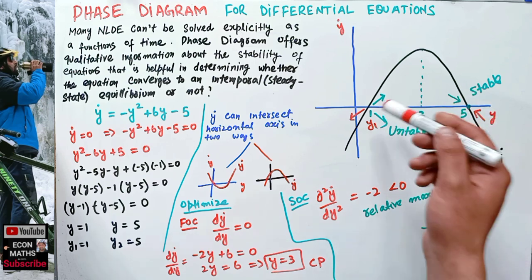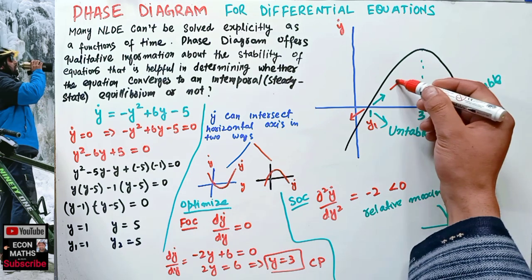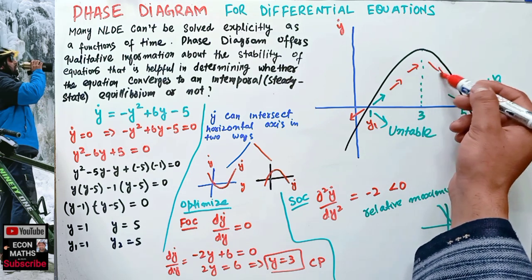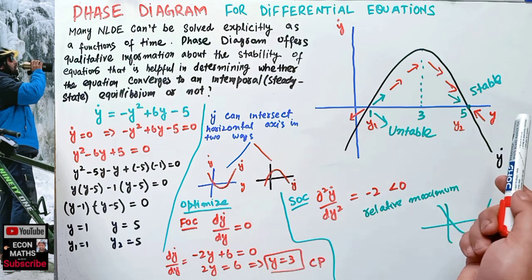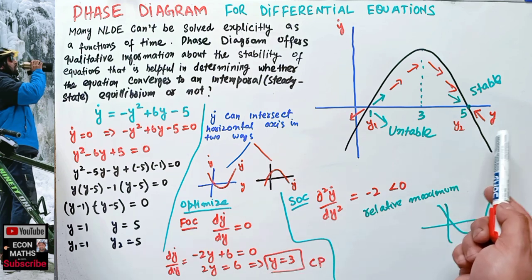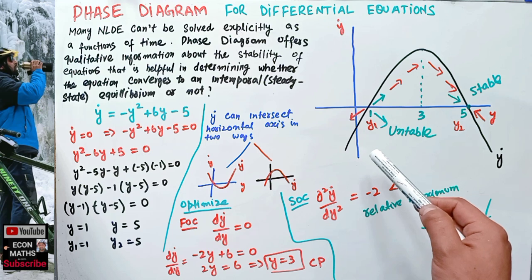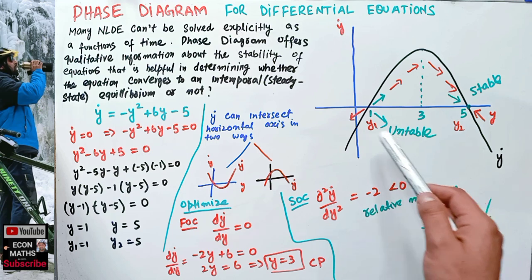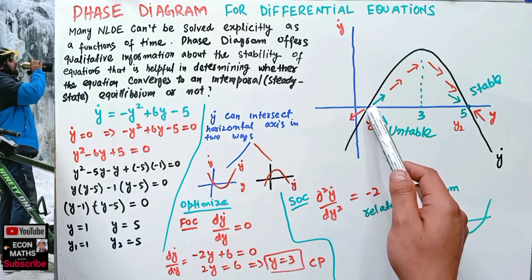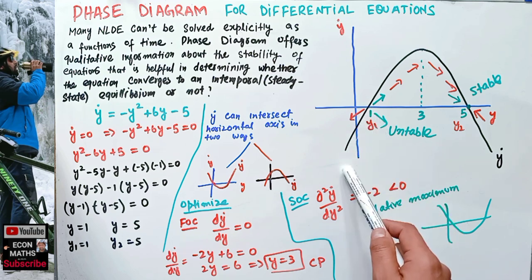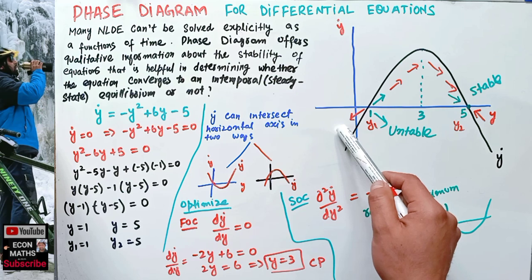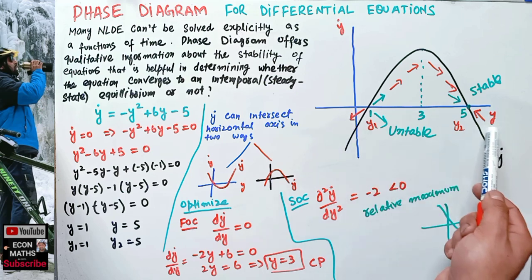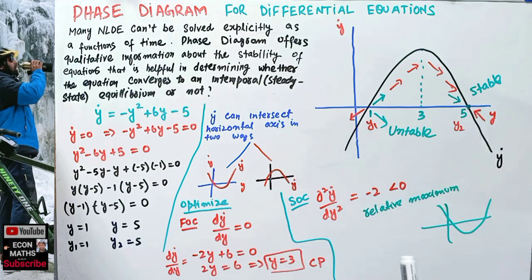And if the y dot graph lies below the horizontal axis, the arrows of motion point towards left. You can see from this it is below the horizontal axis, so the arrows of motion will point towards left. Here it will also point towards left.